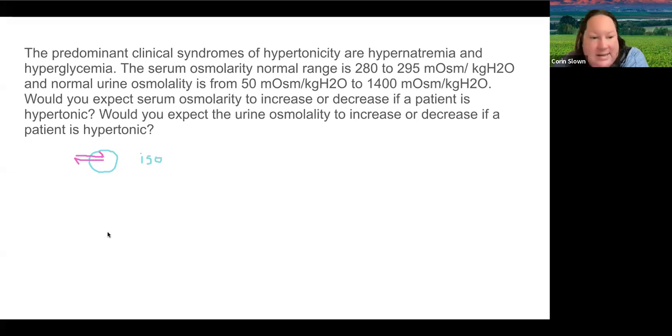If I compare that to something that is hypotonic, then I have water that's moving into the cell at a greater rate than water that's moving out of the cell.